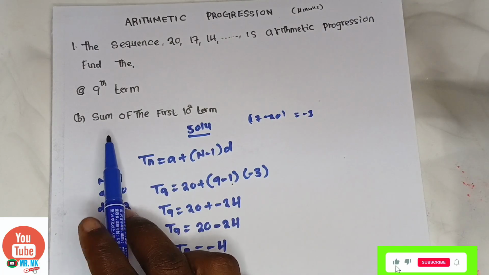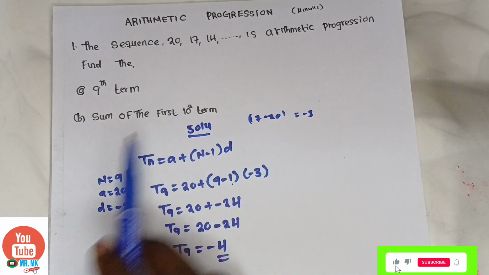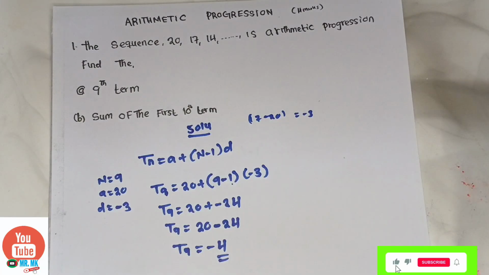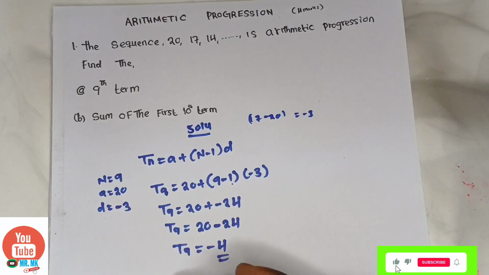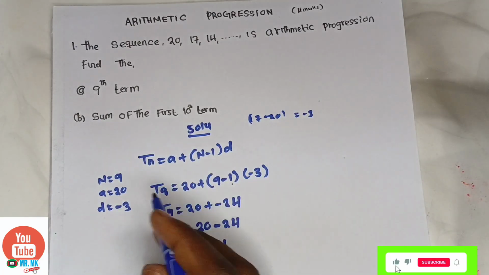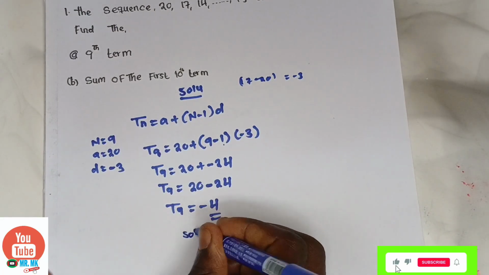Let's do the other one. Find the sum of the first 10 terms. How do you get the sum of the 10 terms? You need to use this formula, which is different but similar.